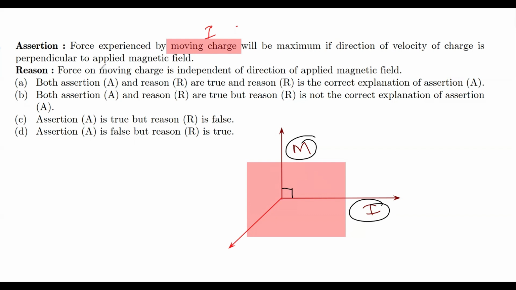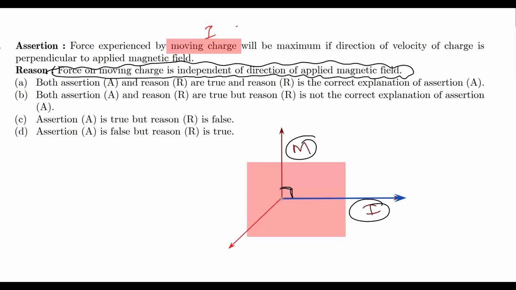Well, this is correct. Now, if I say that the force on a moving charge is independent of the direction of the magnetic field, no, this is wrong, because we just discussed that it depends. Let me tell you one more thing I can explain from here. This is the maximum force. As the angle between the current and the magnetic field decreases, the force decreases, and the force becomes zero when they become parallel.